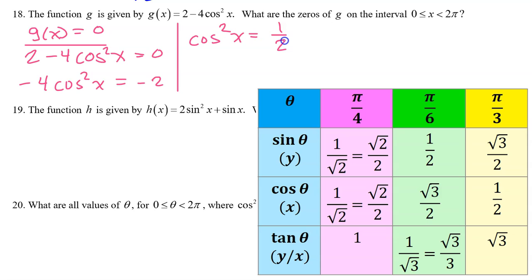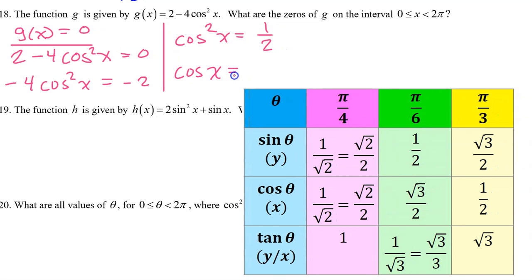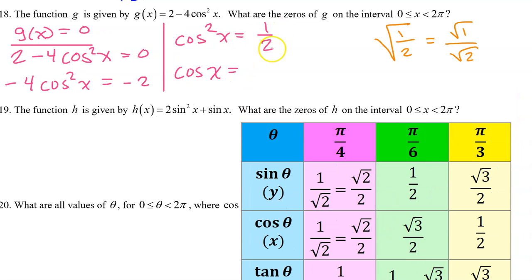Taking the square root of both sides, we get the cosine of x is equal to, when you take the square root of a fraction, you take the square root of the numerator and the denominator separately. The square root of 1 is just 1, so we end up with 1 over radical 2. Don't forget, when you take the square root of both sides of an equation, the solution is positive or negative.